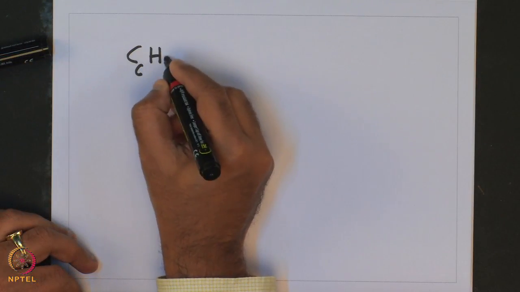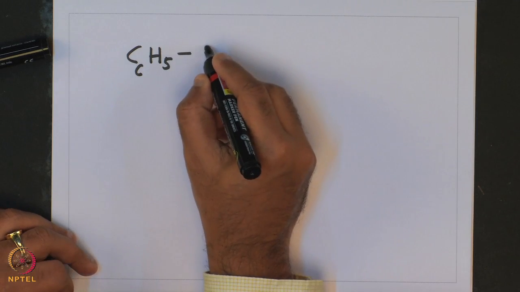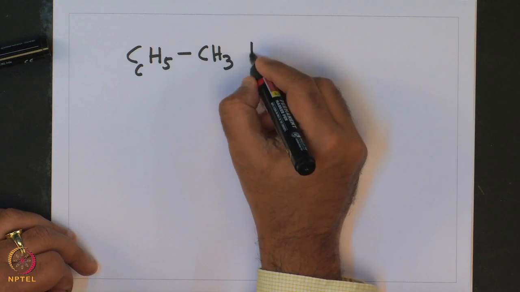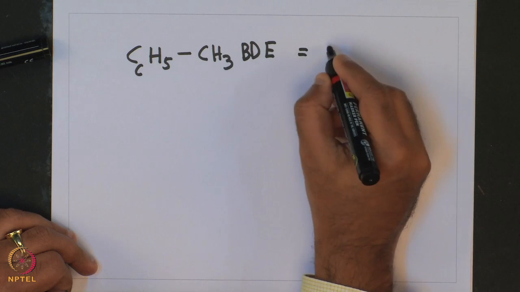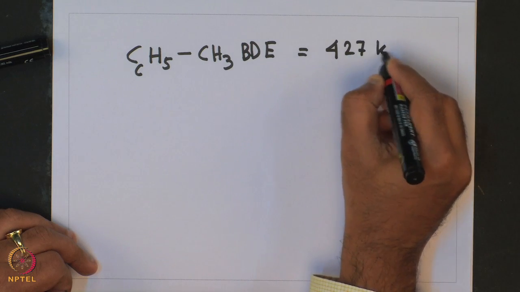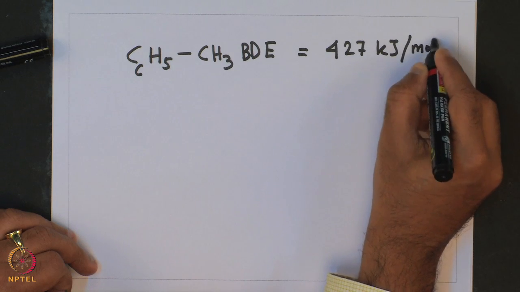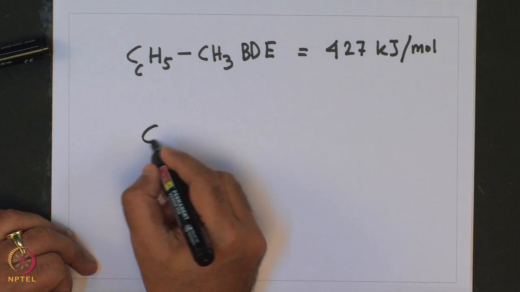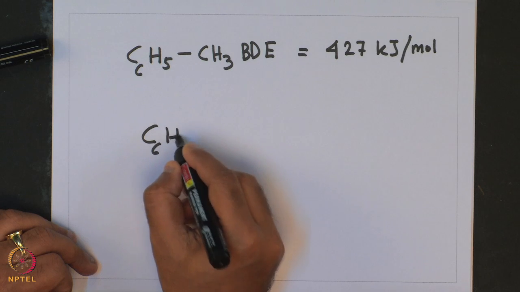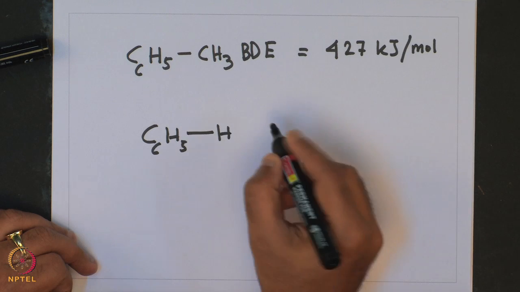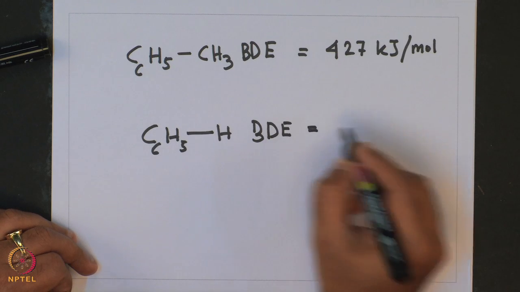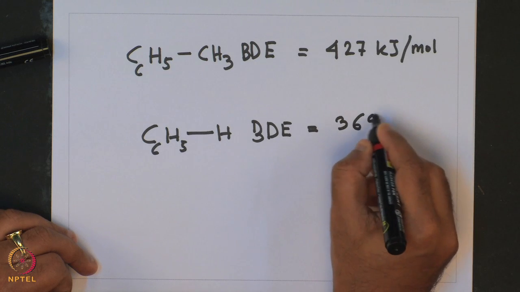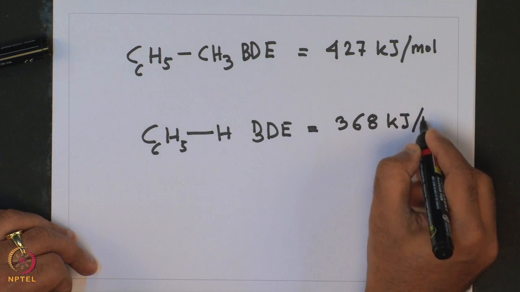For example, if one looks at the bond dissociation energy of C6H5-CH3, the bond dissociation energy is 427 kilojoule per mole, whereas that of benzene, C6H5-H, the corresponding bond dissociation energy is much lower at 368 kilojoule per mole.